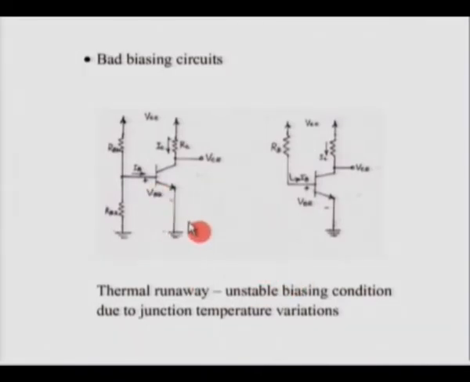The BJT has a negative temperature coefficient for its VBE, which will cause thermal runaway, and this circuit cannot prevent it. The second circuit is bad because it is designed for a particular value of IB, and if there is a variation in IB from one device to another, then this circuit fails.